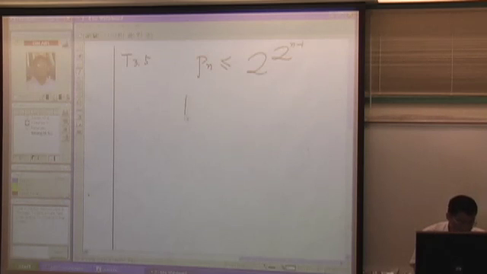First of all, P1 is the first prime 2, right? And then P1 equals 2 is less than or equal to 2 to the power of 2 to the power of 1 minus 1, I mean, n is 1, right?